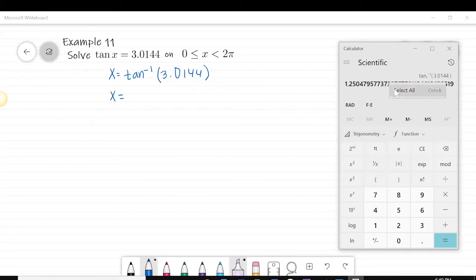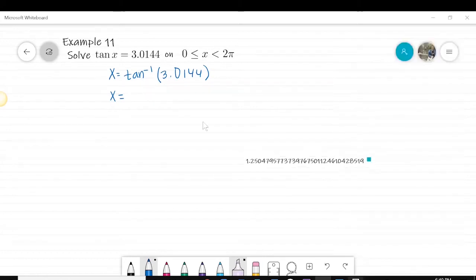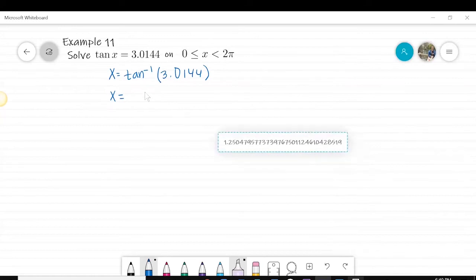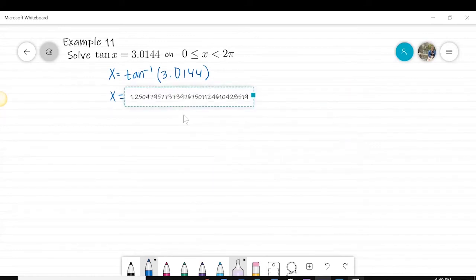Now, this is obviously a very long answer, right? We're going to copy it, and then I'm going to come over here and paste that. Again, super long answer. Do we need to keep all of that? I would argue no, we don't. So I am going to round this, and I'm going to just take 1, 2, 3, 4 values.